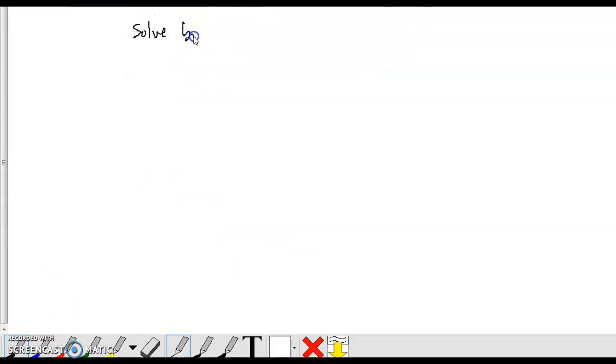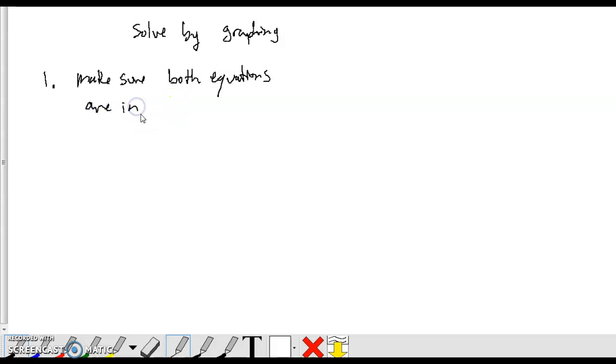Okay, so let's go back, and we are going to talk about solving by graphing. This is what I want you to write down. The first thing that we need to do is make sure both equations are in y is equal to mx plus b form. Please make sure that they're in y equals mx plus b form. If they are not, please modify them. Step 2, graph the lines accurately.